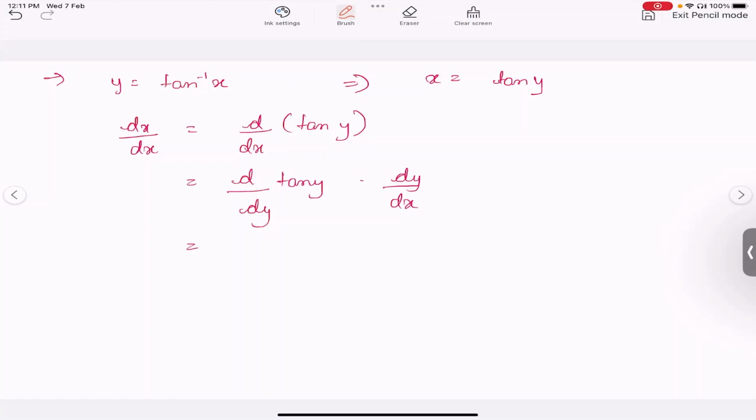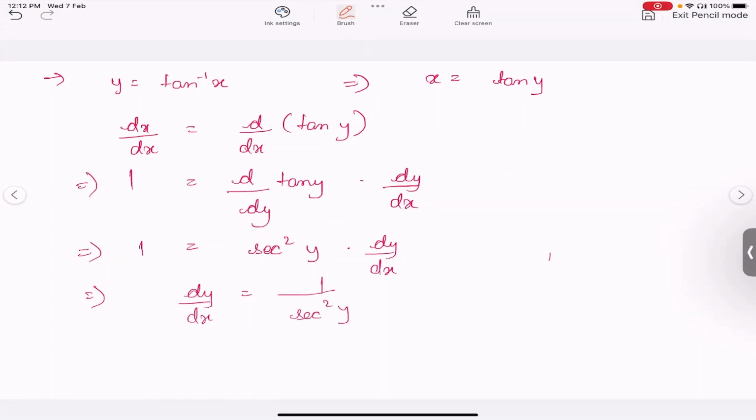We already know the derivative of tan y with respect to y will be equal to sec square y times dy by dx, and we already know this thing is equal to 1. So we'll keep dy by dx on one side and write it as this thing.